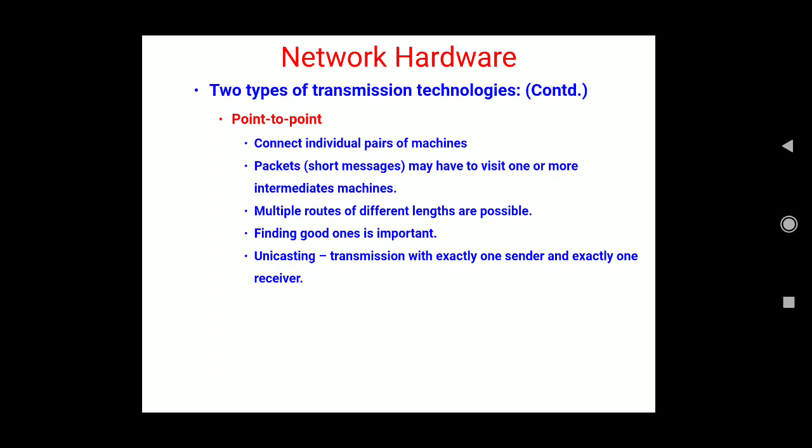So this is the decision which is taken by the router that we have just seen. Now, unicasting is one terminology where the transmission with exactly one sender and exactly one receiver is done. So there are no other machines in between. One sender and one receiver.